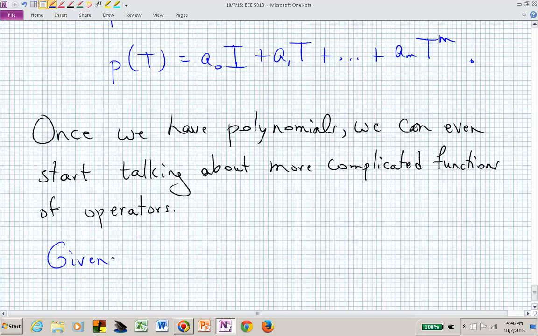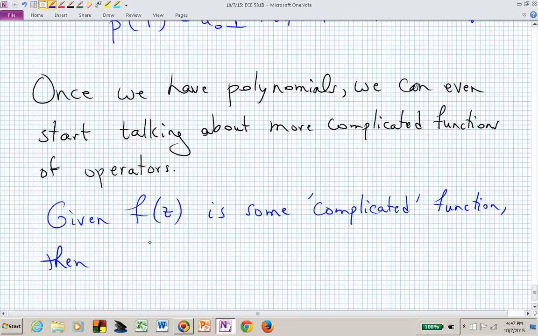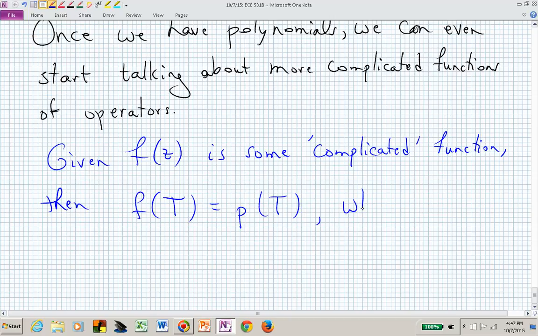Meaning, if we're given some f of z, let's say that is some complicated function, think sine or cosine or something that's not just a polynomial, then we can say that f of T, that complicated function of the linear map, will now be represented in terms of a polynomial of that linear map, where this p of z we could use to express f of z in terms of a Taylor series expansion, and that gives us powers of z.